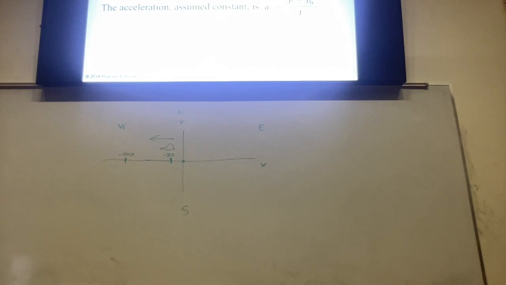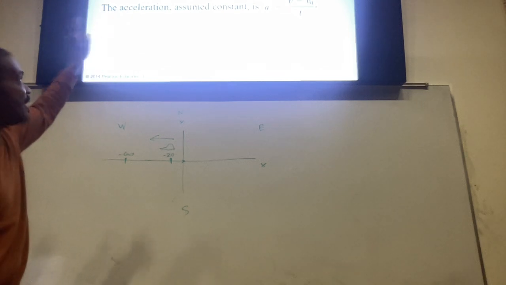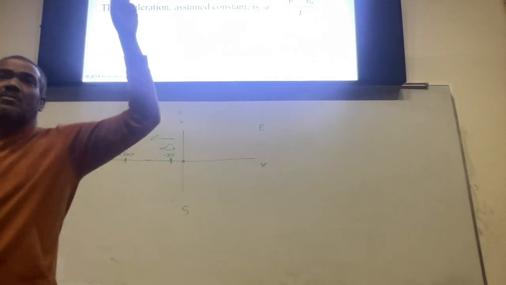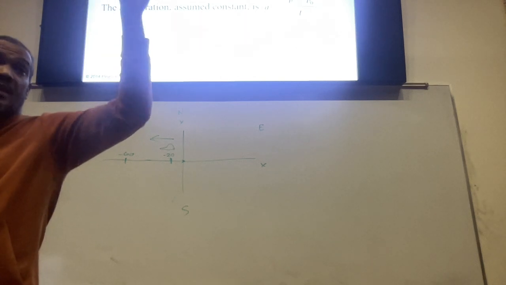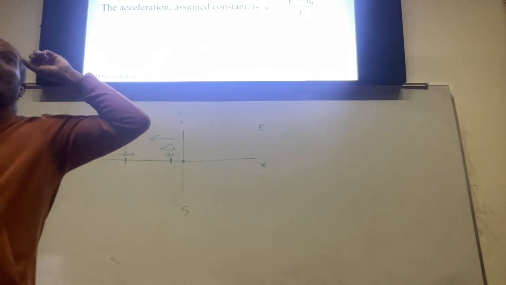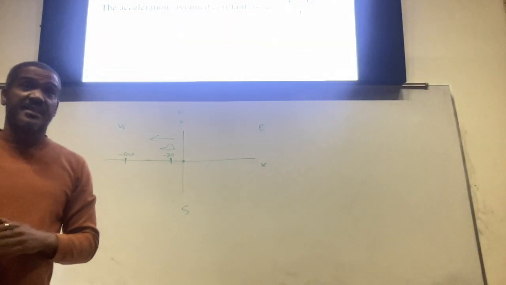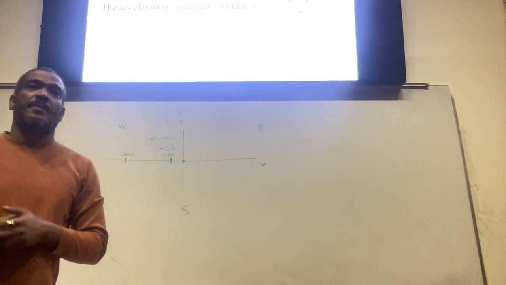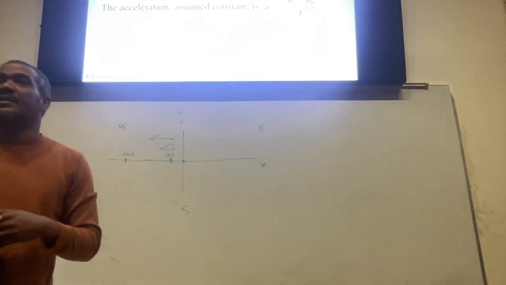All right, so remember what I said to you. What two things do we need to describe the motion of an object? What were they? Distance. I just asked you, I use velocity.